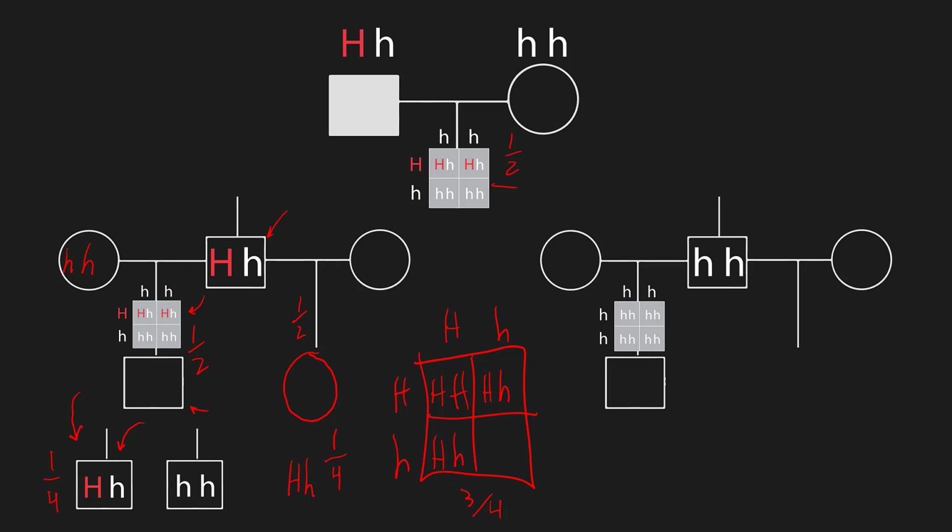So we have 1/4, considering the uncertainty from my son, times 1/4, considering the uncertainty of my daughter, times the number of the different genotypes that can produce the phenotype for Huntington's in the mating here.